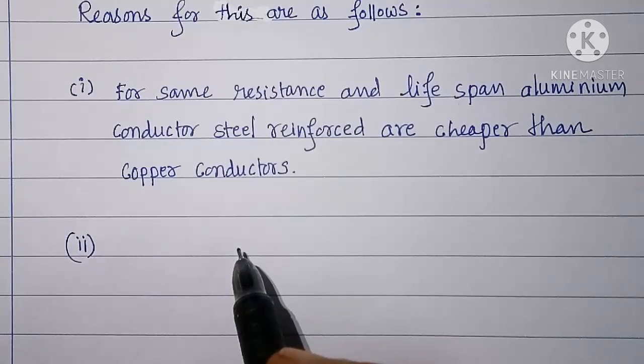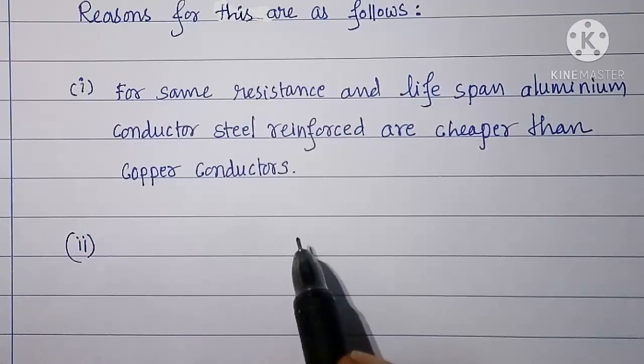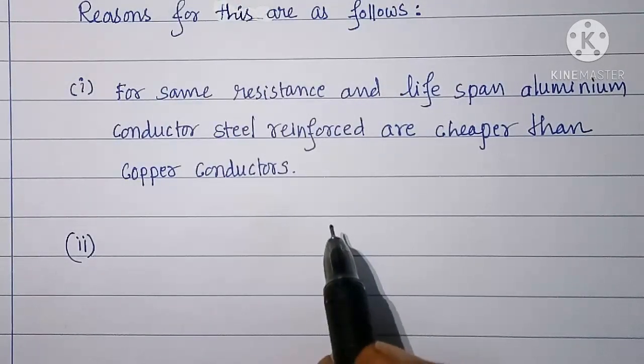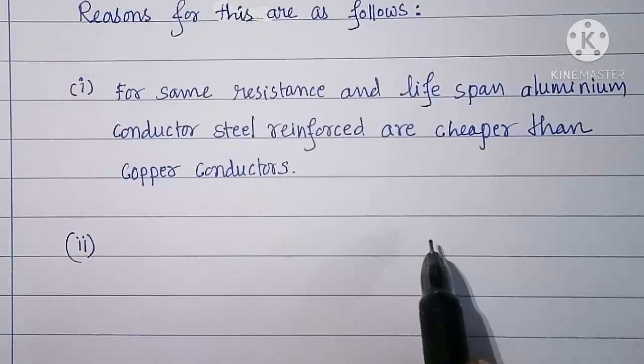If we increase the span of conductors, then the cost of erection of towers, or indirectly the cost of erection of transmission systems and their maintenance will decrease.